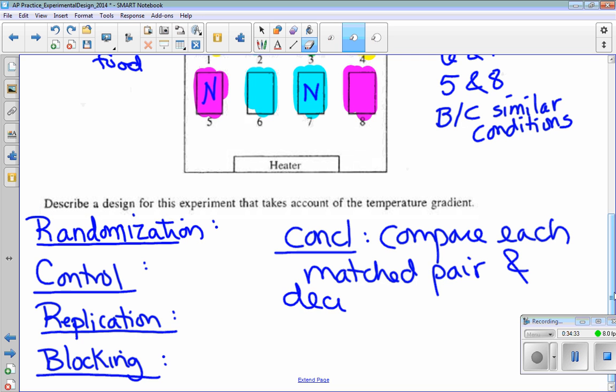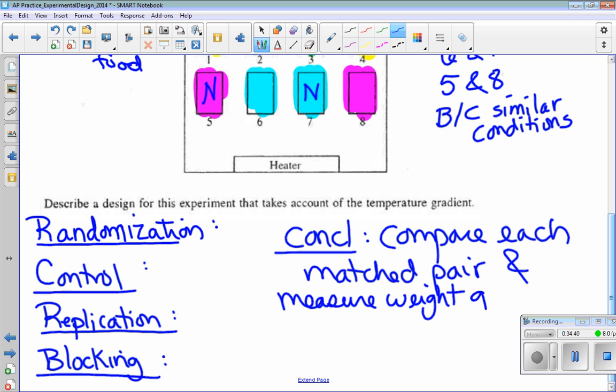Measure the weight gain of each. That's it. That would have been enough to get full credit on this particular question.